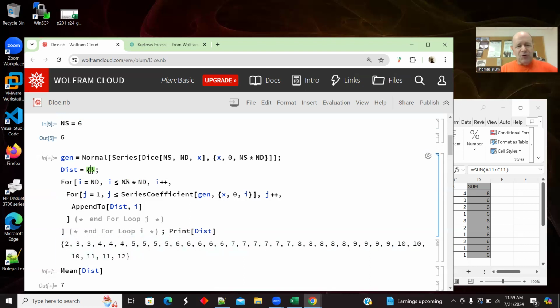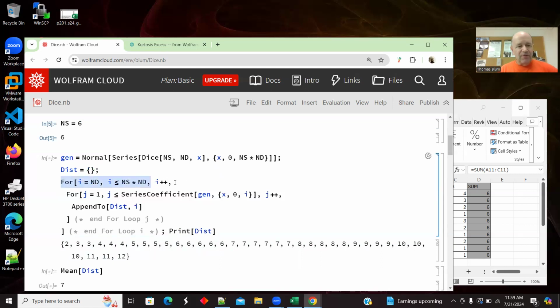And then the highest term is X to the NS times ND. If all ND dice ended up on the highest side, that would be my highest power. So if it's 3 6-sided dice, I'm going to go from 3 to 18.